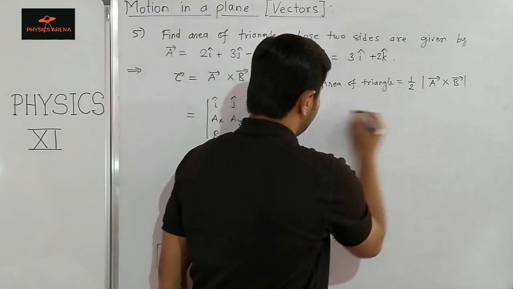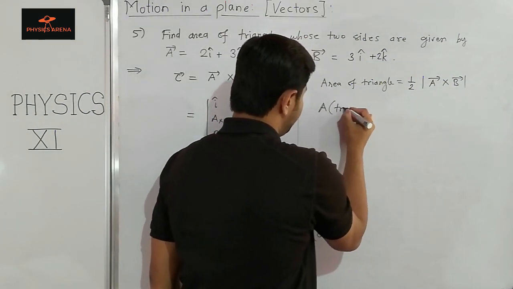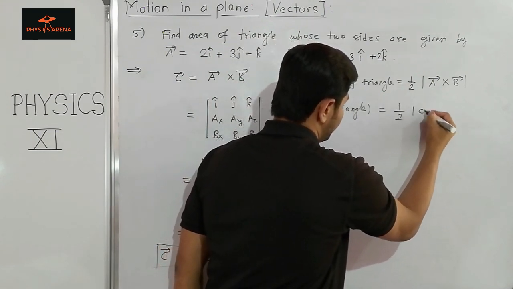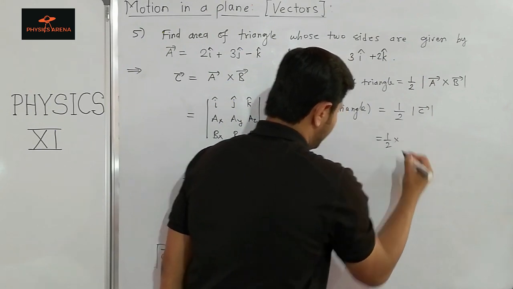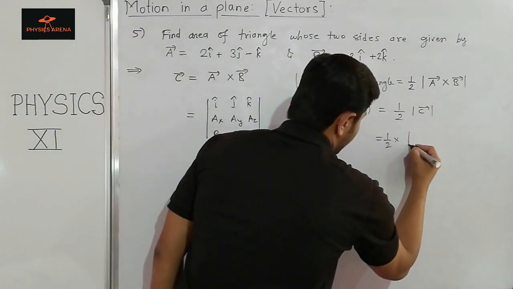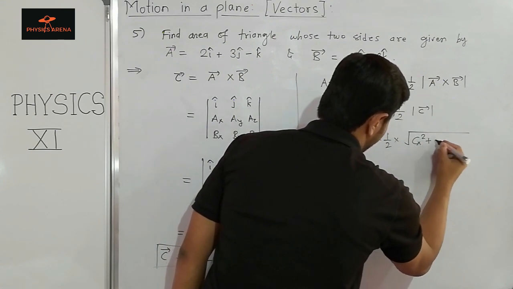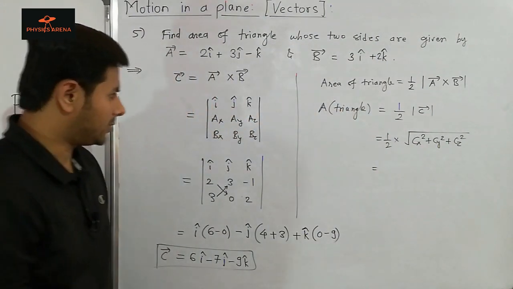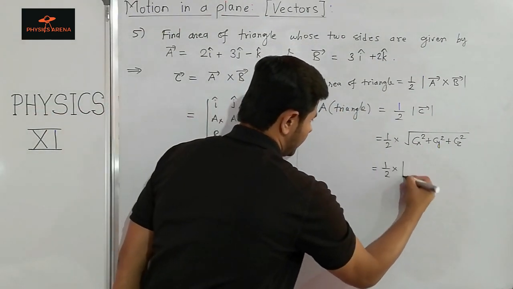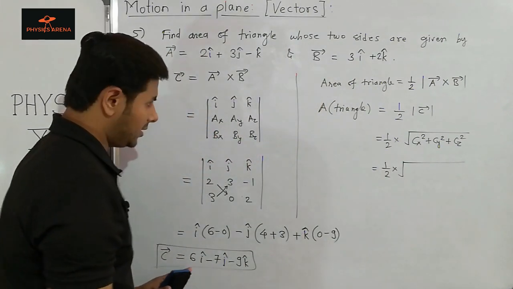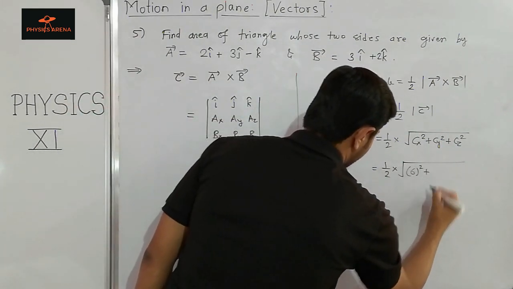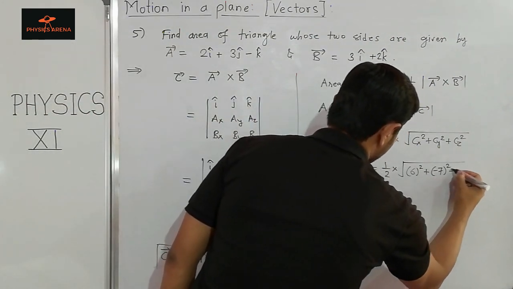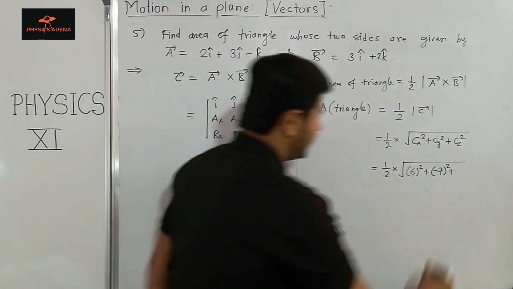So the area of the triangle equals half of the magnitude of c bar, which is half of the square root of cx square plus cy square plus cz square. That is equal to half of cx square is 6 square plus cy square is minus 7 square plus cz square is minus 9 square.